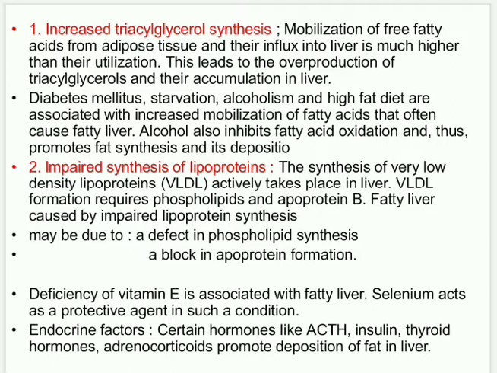Some more endocrine factors, certain hormones like adrenocorticotropic hormone, insulin, thyroid hormone, and adrenocorticoids, promote the deposition of fat in the liver. So some endocrine hormones are also responsible for the deposition of triacylglycerol in the liver.